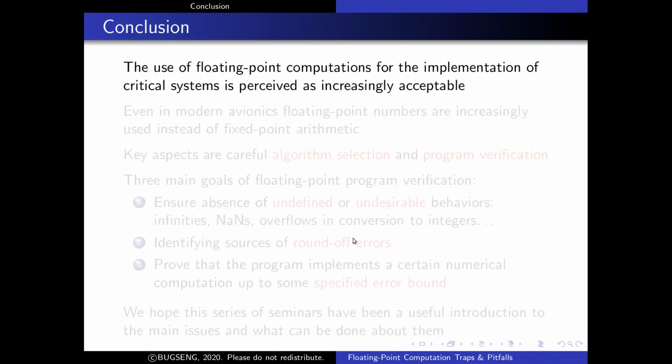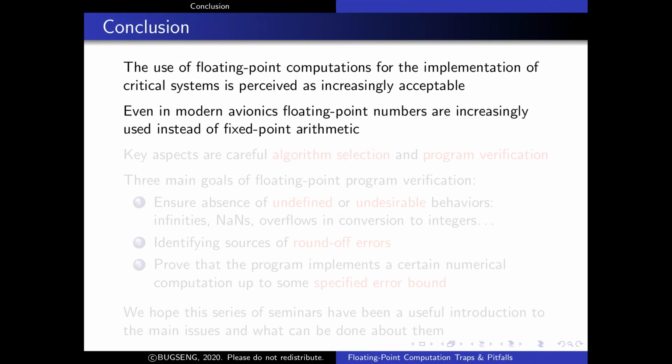I am a bit late. The use of floating point computation for the implementation of critical systems is perceived as increasingly acceptable. Even in modern avionics, floating point arithmetic is increasingly used instead of fixed point arithmetic.